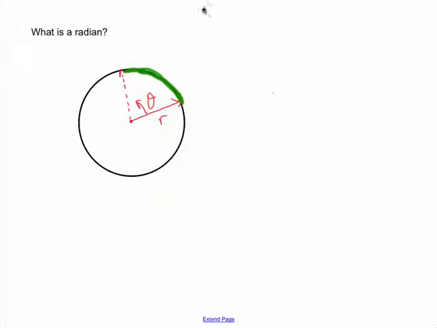If I can sweep out an entire arc length that is equal to the radius of the circle, then I have what is called an angle of 1 radian. Okay? So radian measure is the angle that you get when you sweep out a portion of an arc length.